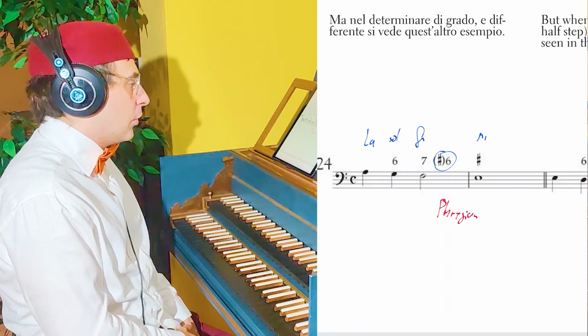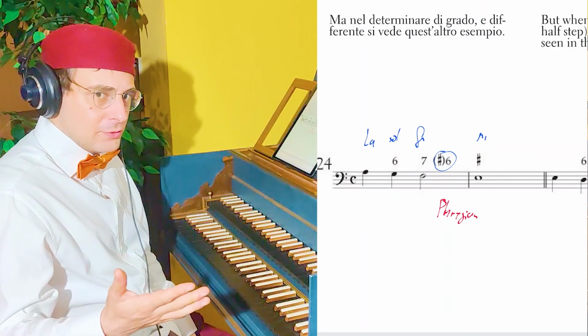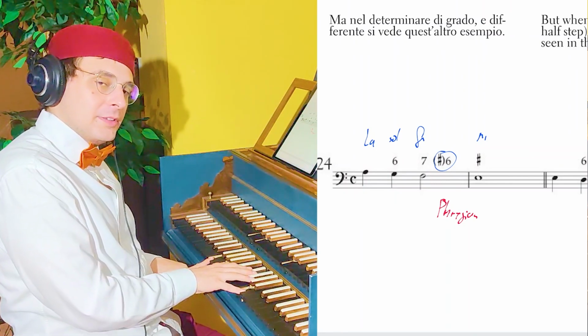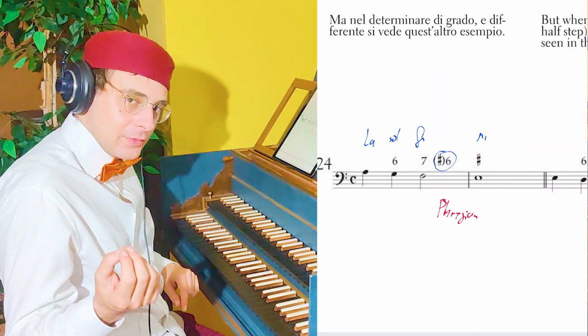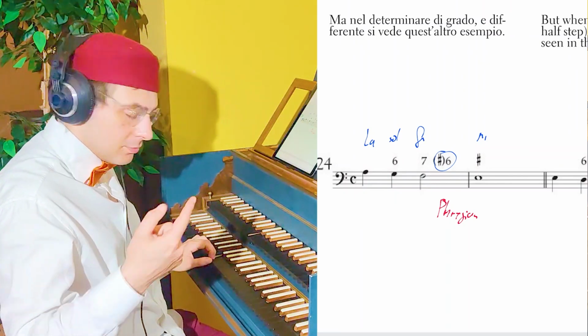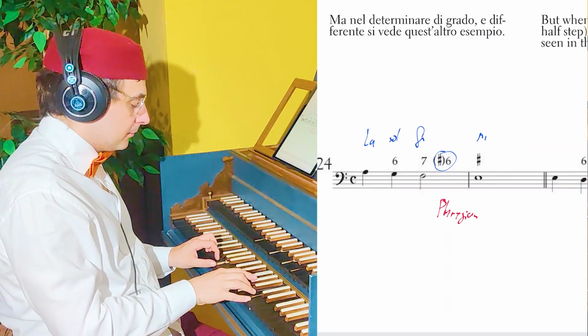in the style of Durante, the augmented six is good. If you look at the Rule of the Octave by Fenaroli, you have the augmented sixth.